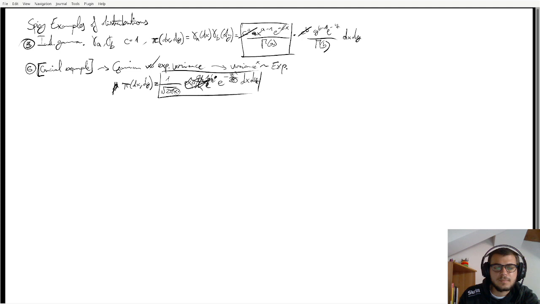We simply cannot split the joint distribution into two marginals, because the distribution of y depends on the distribution of x.